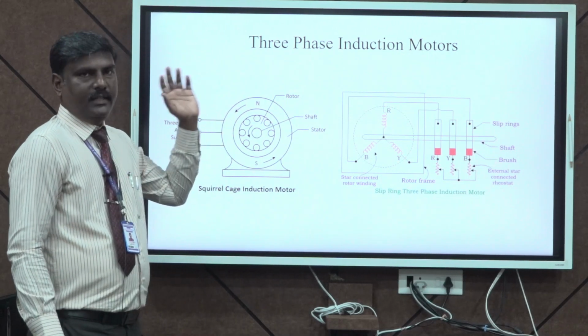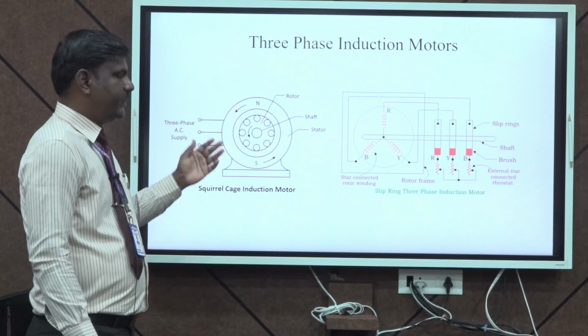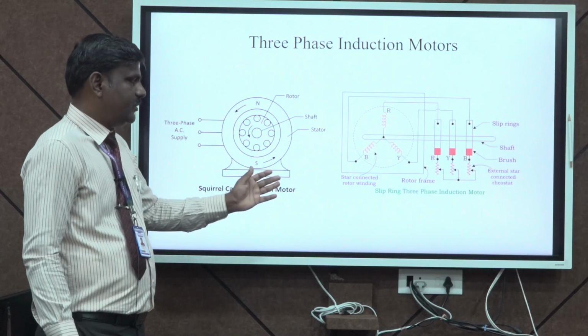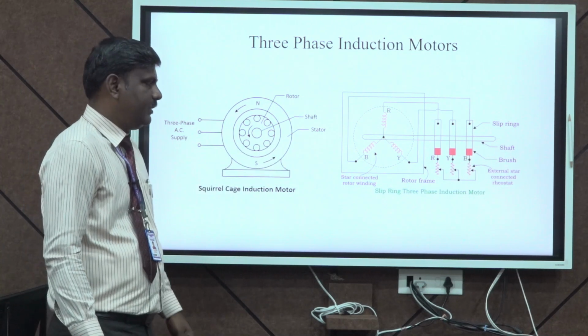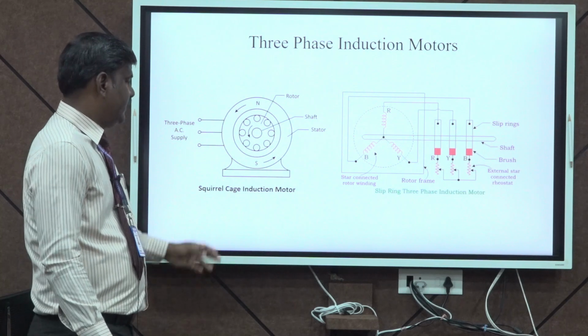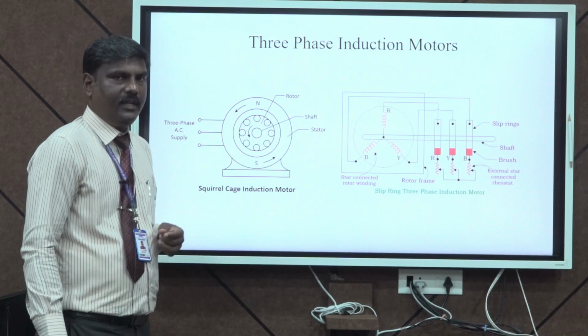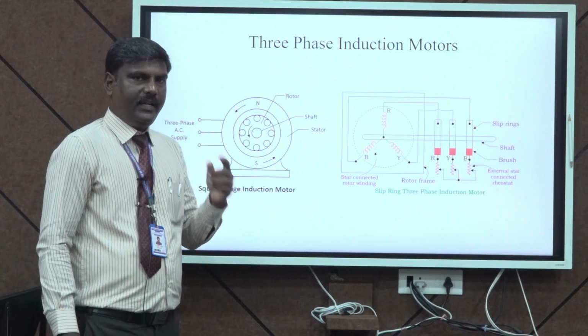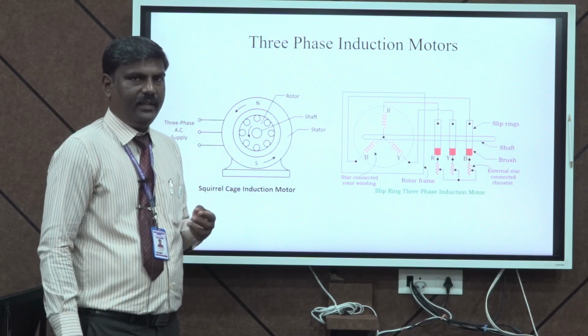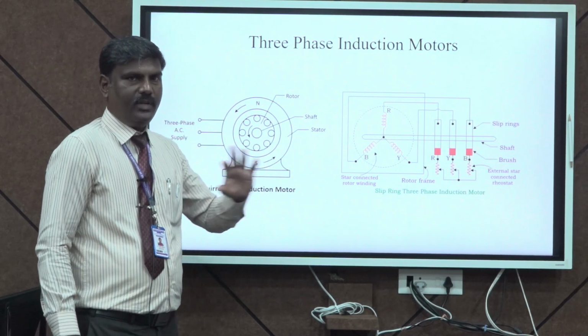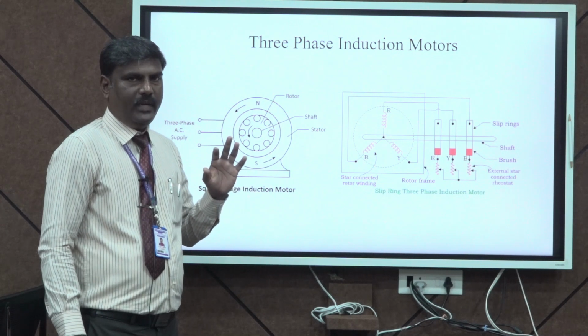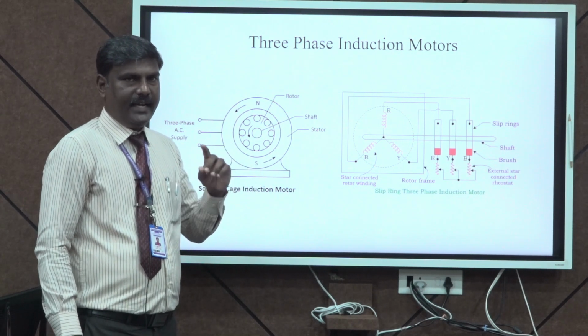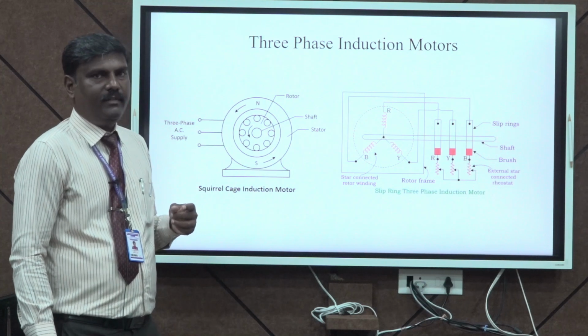If you see the types of three phase induction motor, two types are there. One is squirrel cage induction motor and second one is slip ring induction motor. If you see the construction of squirrel cage induction motor, the stator is made up of three phase winding and the rotor is a short circuited bar. If you apply a voltage in the stator, in the air gap a rotating magnetic field will be formed.